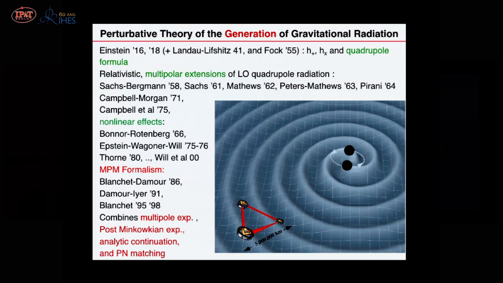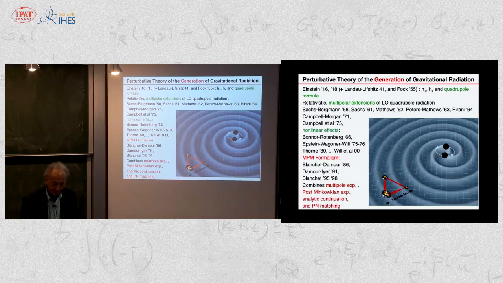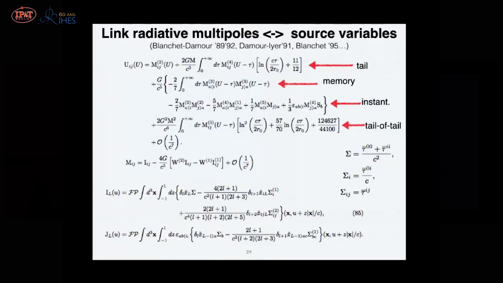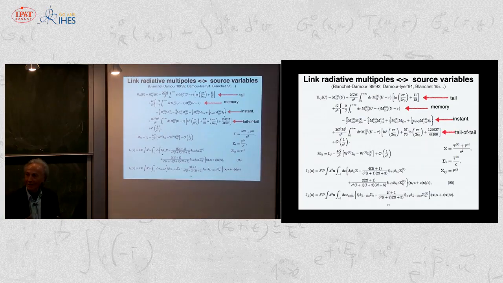What was done separately was a perturbation theory to compute the emission of gravitational waves by a binary system. The best method is the multipolar post-Minkowskian method we introduced at the end of the 80s. Let me just describe the final type of results. It allows you to improve the quadrupole formula of Einstein much beyond its scope.